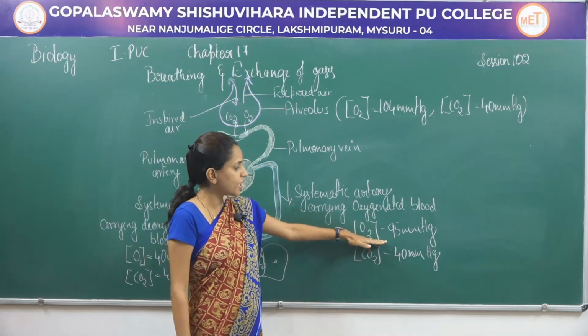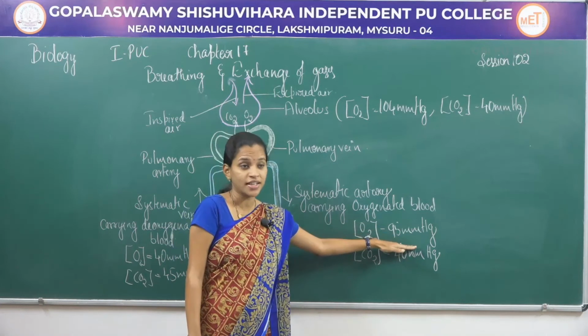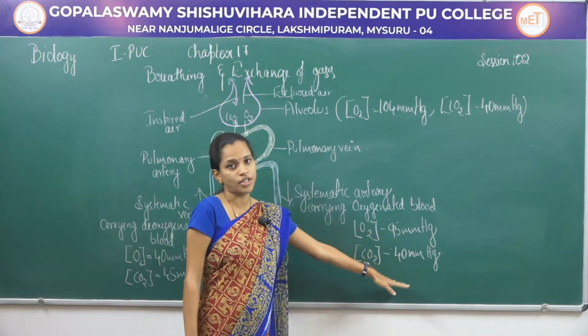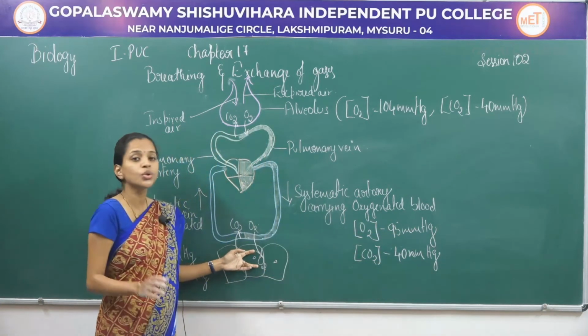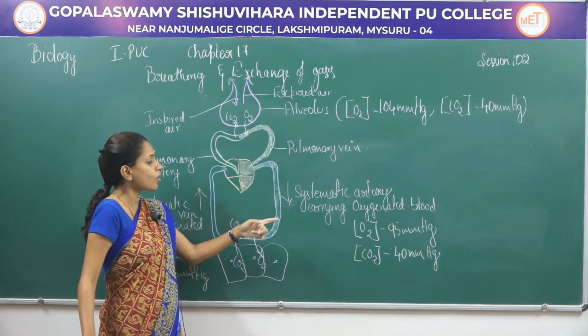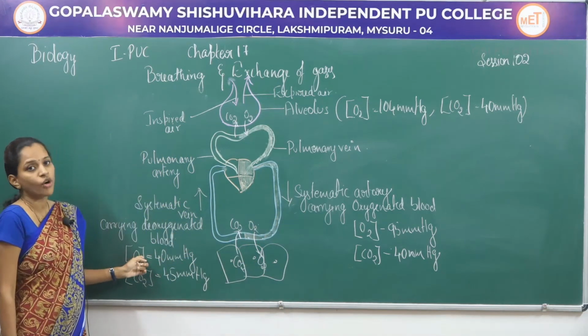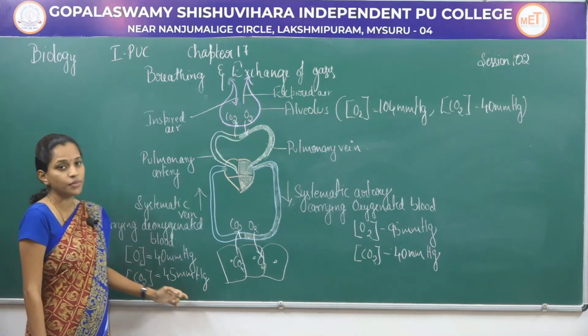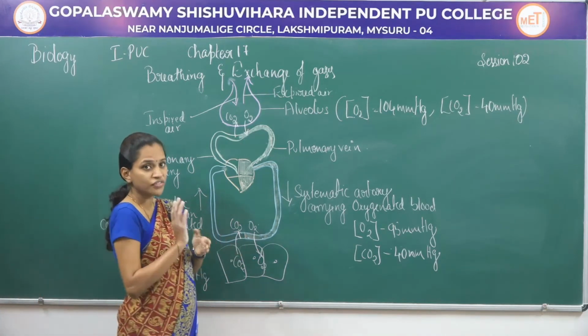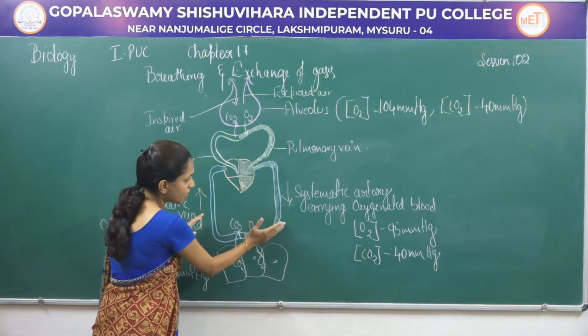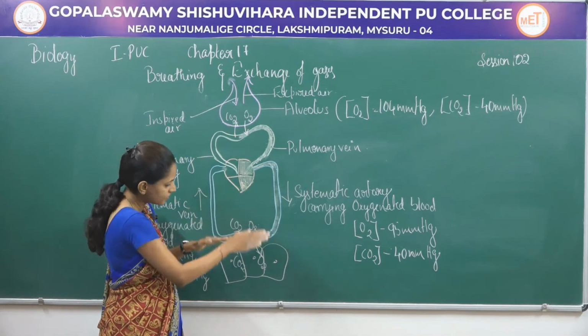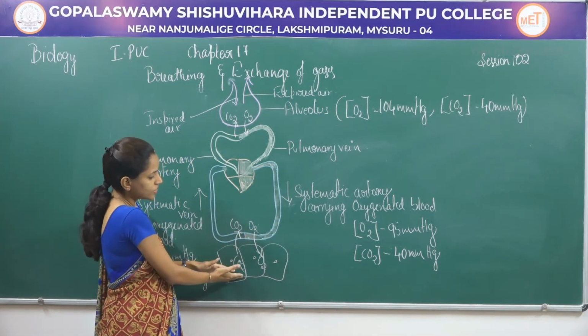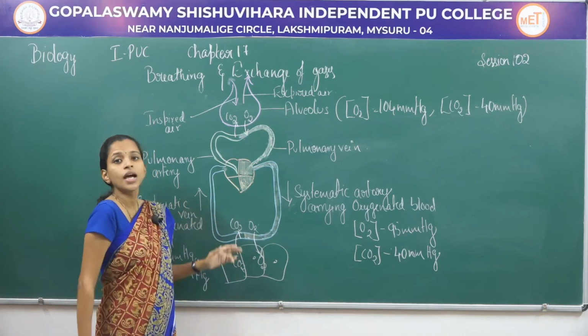The oxygenated blood will be having oxygen partial pressure 95 and carbon dioxide 40. Whereas in the tissue, due to metabolic activities, the oxygen partial pressure will be 40 and the carbon dioxide will be 45. So due to diffusion process, oxygen from the arteries get transferred into the tissue and carbon dioxide from the tissues moves into the blood.